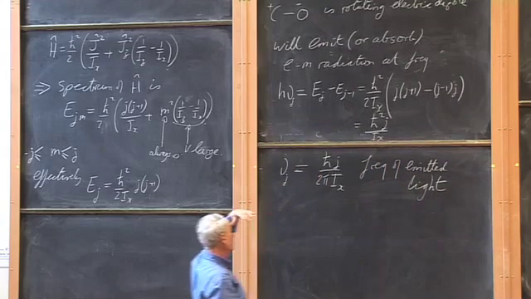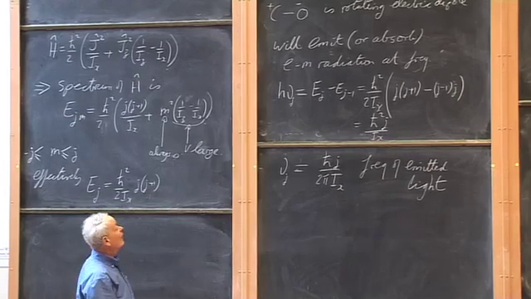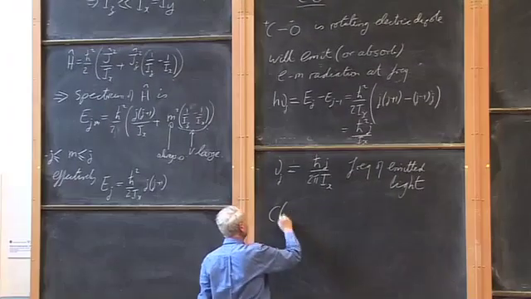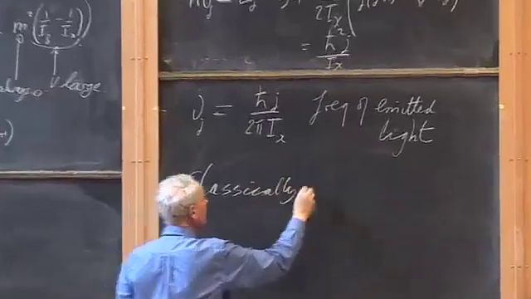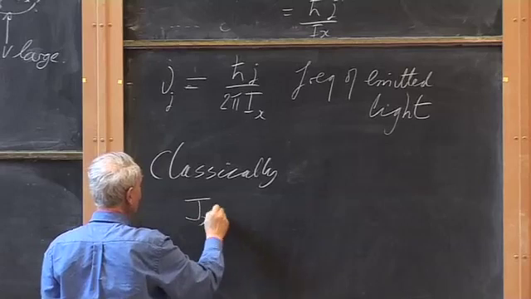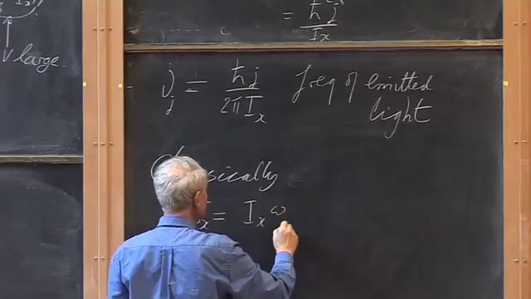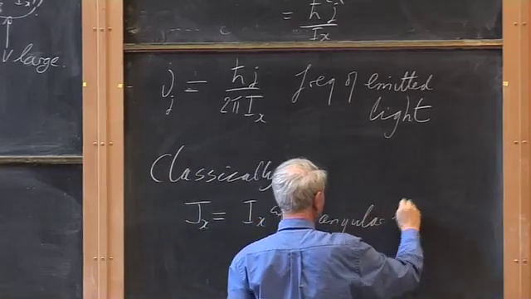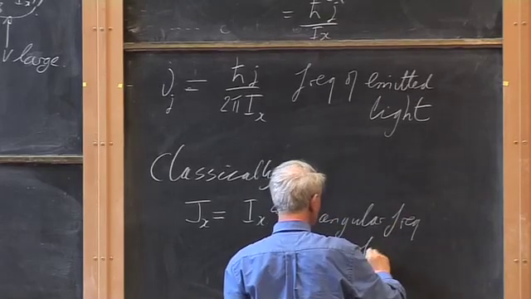Can we reconcile this with our classical picture? So how fast was the molecule going around? Classically, we can say that the angular momentum, J_x, is equal to I_x times omega. This is the angular frequency of the tumbling, of the rotation.